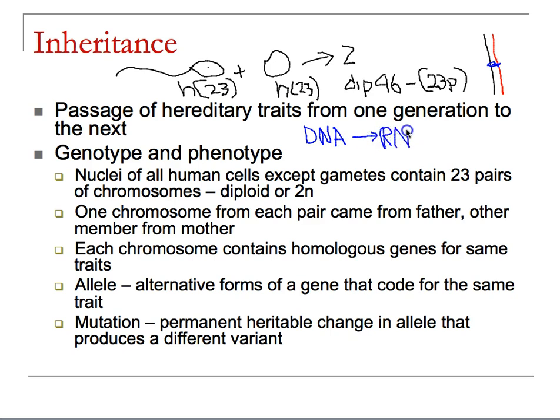And that RNA holds the instructions so that we can assemble the amino acids correctly to give us a protein. If you need to review that, it's chapter 3 inside your textbook, inside A&P 1. And if you have questions about it, don't ever be afraid to ask.